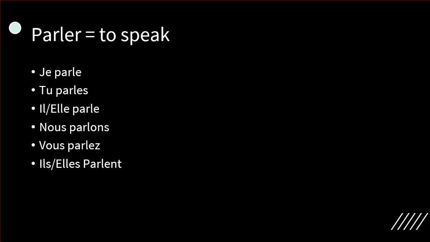I know that you can also remove just R from it, but it will be better for you if you remove ER from the verb. Now we'll move to tu, parler. So this means that you are removing ER from the end and then you are adding ES.